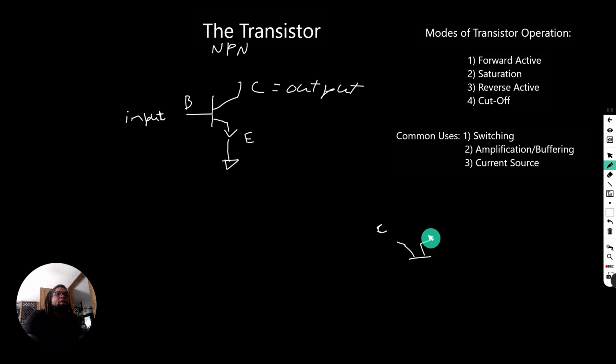When this is happening, we can use the collector as the input, and the emitter as the output sometimes, depending on our desired outcome. So this is actually a typical way that even an NPN transistor will be used in like a power supply for current amplification. I don't want to get too much into different situations.